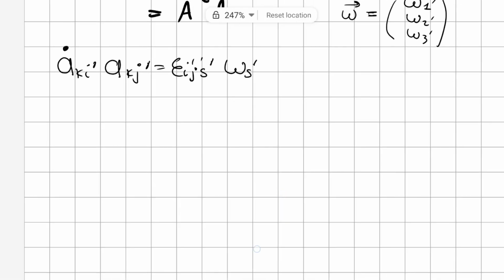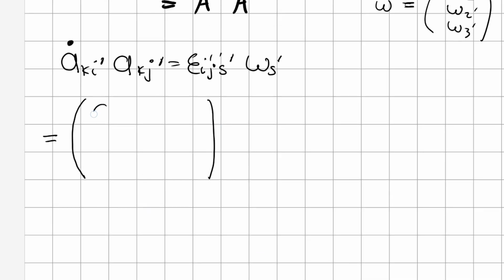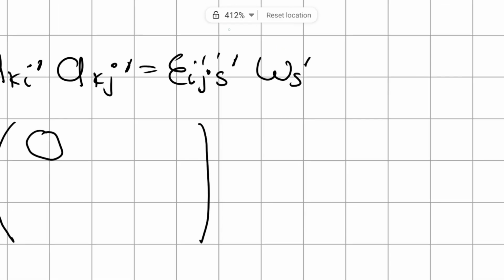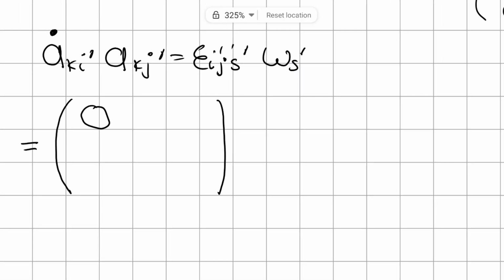So for example, let me put that matrix here, like this. For example this is for the position 1, 1, because it's the first row and the first column. So that means that here in the Levi-Civita symbol we are going to have the indices 1, 1 for that position.